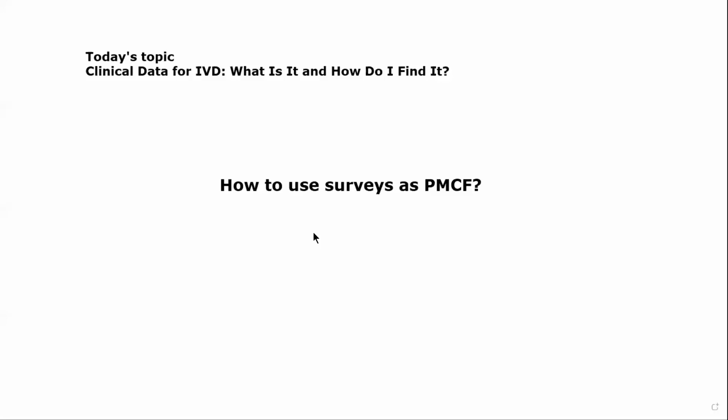But either way, you should always be asking the right questions, whether it's an endpoint in a clinical trial or a question on a survey. And those questions need to relate back to ultimately providing data on your safety and performance objectives. Those are your data. So that's my thoughts on that.